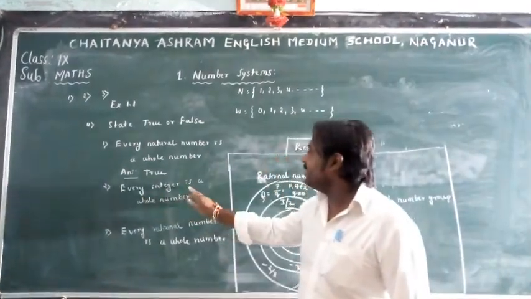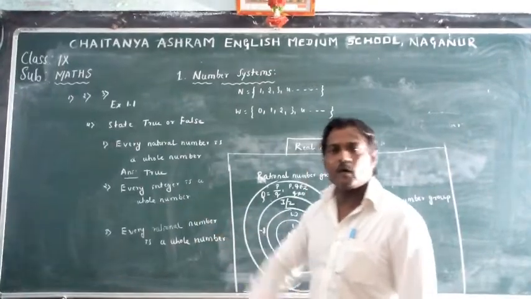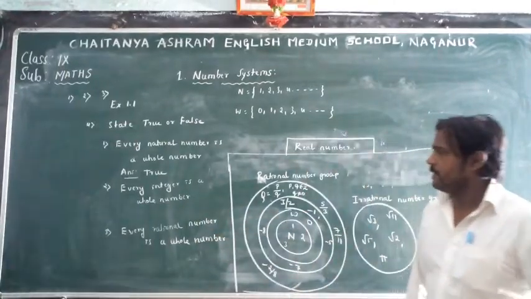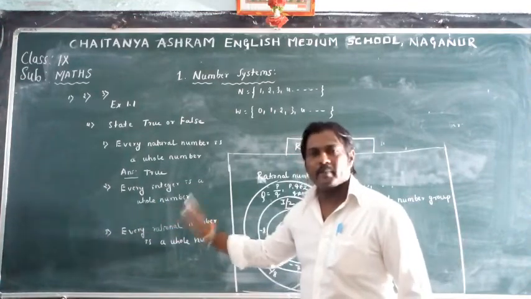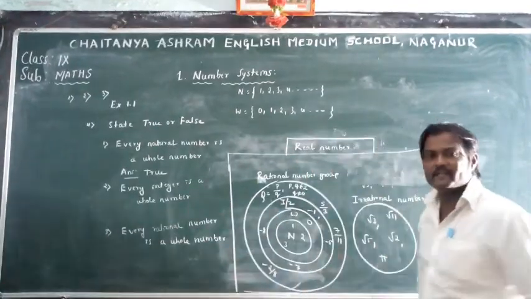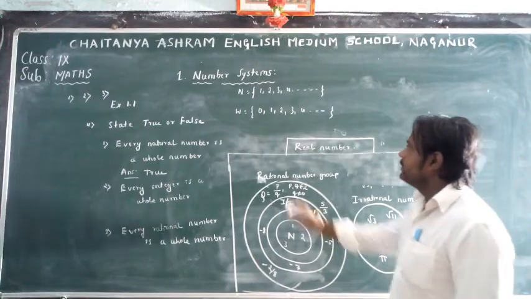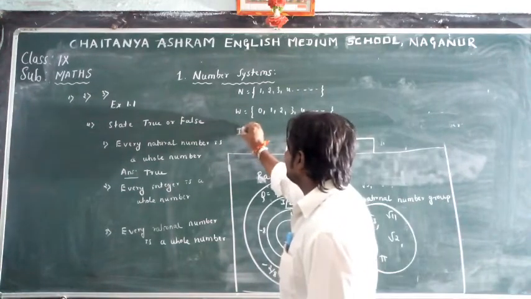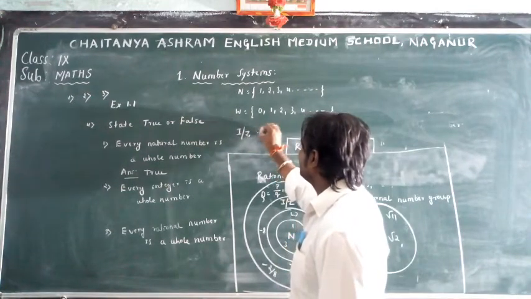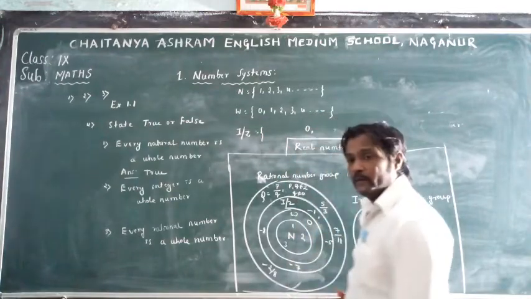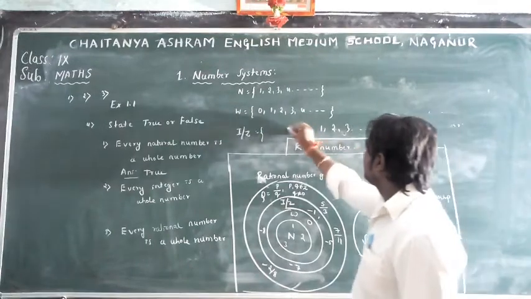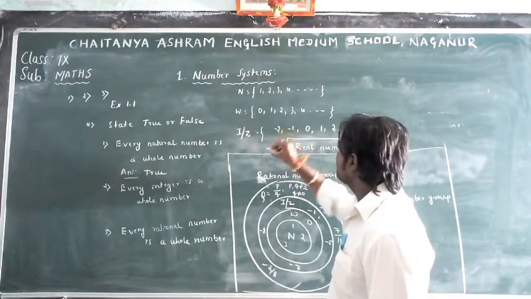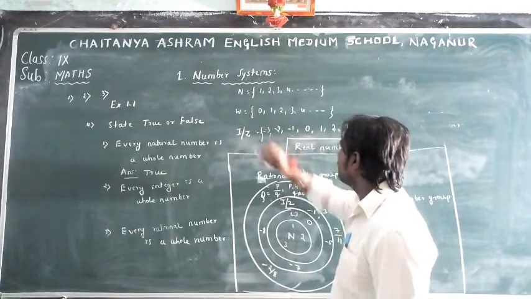Read the second one. Every integer is a whole number or not? Is that statement true or false? Observe the set of integers, which is denoted by I or Z. What does it include? 0, 1, 2, 3, and so on, and -1, -2, -3, and so on.